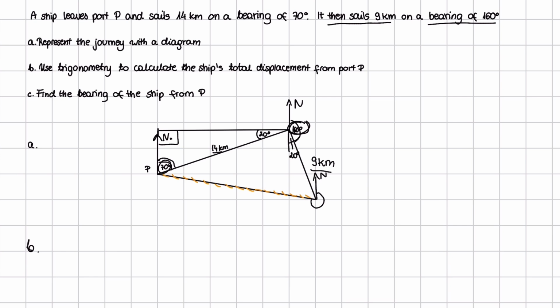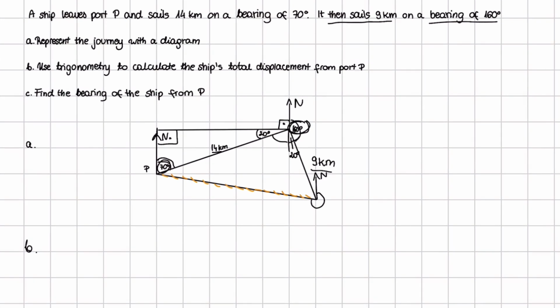Also, this is 90 degrees, so the rest is 270 degrees. So everything has to add up to 270. So we're left with 70. And as you can observe, this angle is 70 plus 20. So this is a right angle.